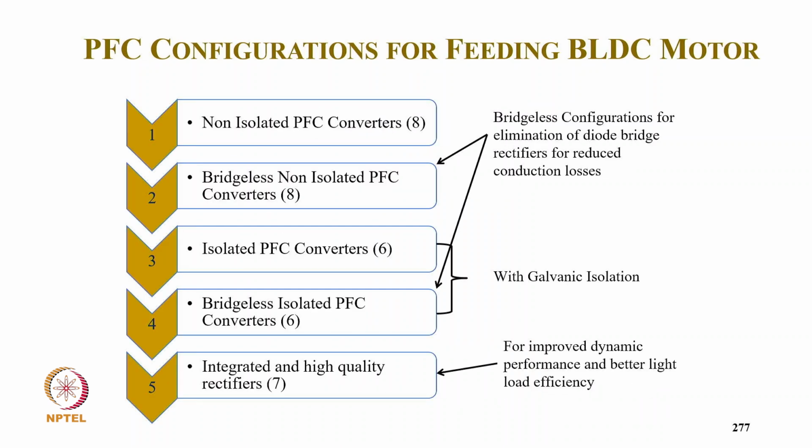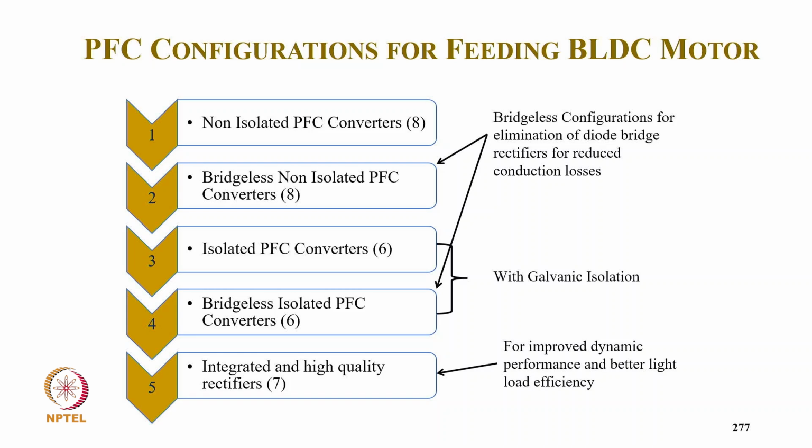Now coming to PFC configurations for feeding BLDC motor drive. We have non-isolated PFC converters, around 8 categories, all buck boost, and the bridgeless non-isolated power factor correction converters, then isolated power factor correction converters, 6 topologies, and bridgeless isolated converters, 6 topologies, and integrated high quality rectifier boost converters.